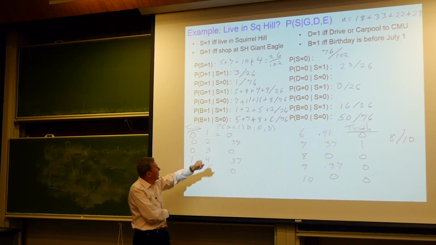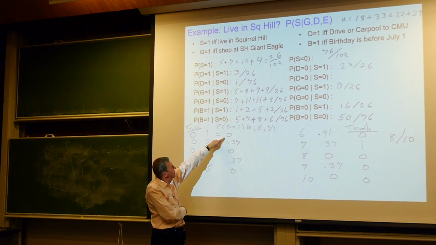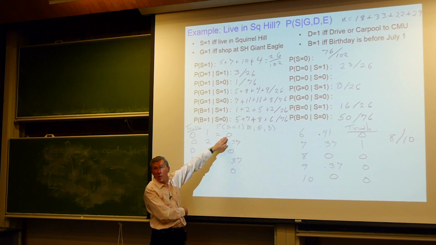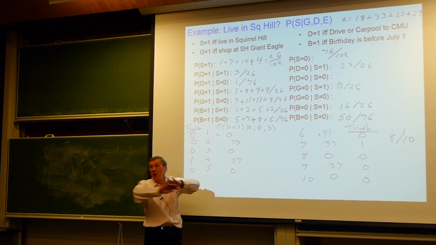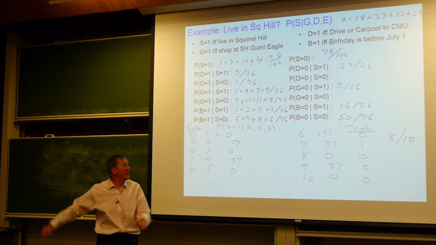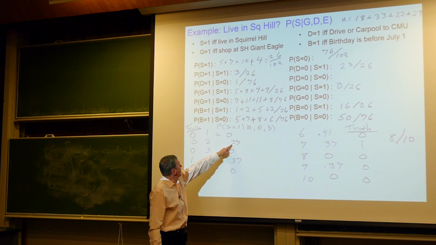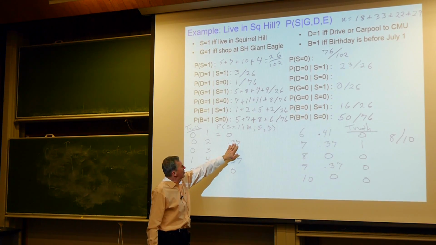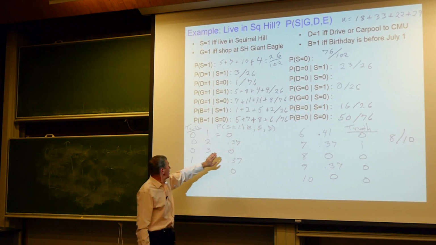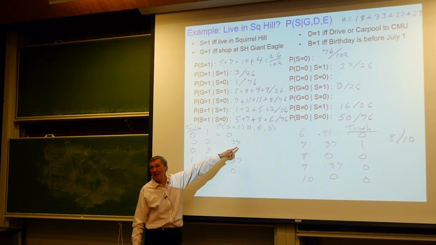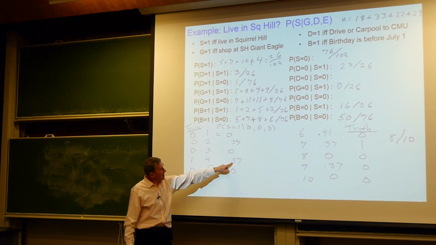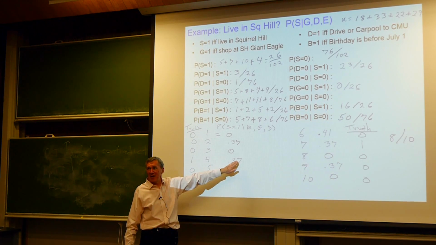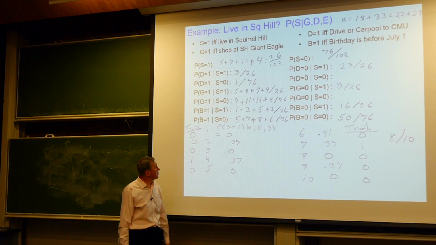For this one, it assigned 0 probability that they live in Squirrel Hill, and therefore probability 1 that they don't, and that was correct. So there was no misassigned probability mass. This one, it misassigned 0.37 that they do live in Squirrel Hill. In fact, they don't, so we would penalize 0.37. This one, it misassigned 63% of the probability mass. So we could count it that way.